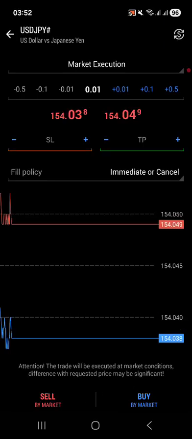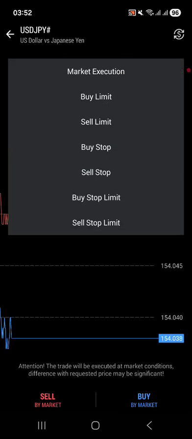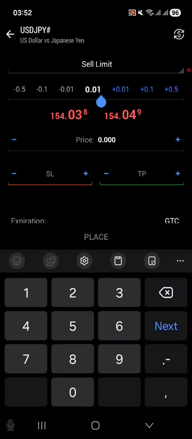So I'm going to go to market. This is a sell order, so I'm going to do a sell limit. The lot size will be double the original trade. If it goes against me 20 points from 154.03, that's 154.23. My take profit from that would be 20 points.